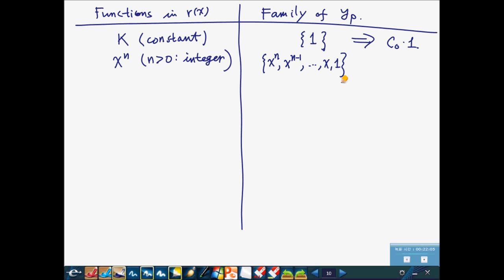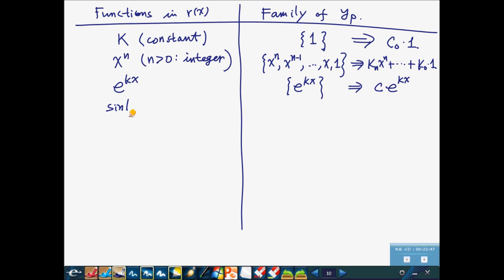Then finally it will be kn times x to the n plus k0 times 1. Finally, the most general form should be this. What about e to the kx? Then the most general form will be c times e to the kx.